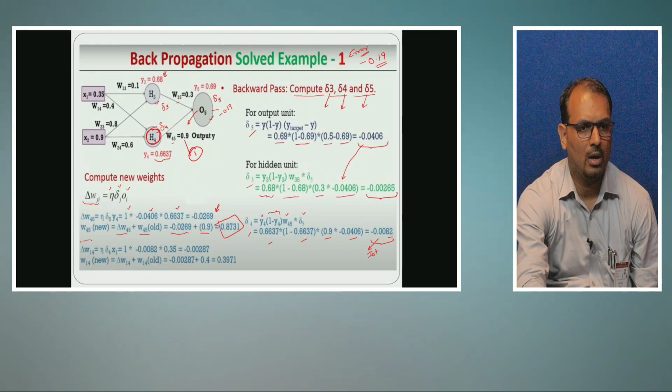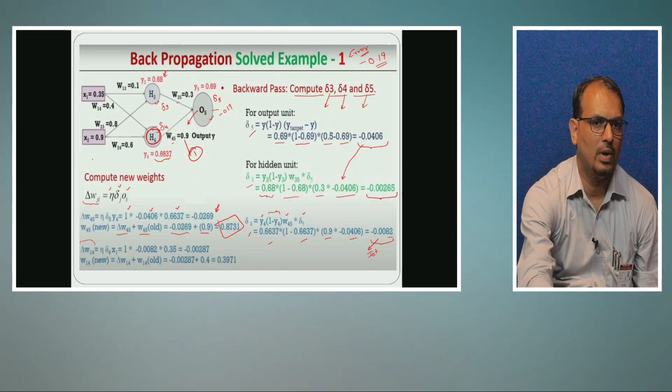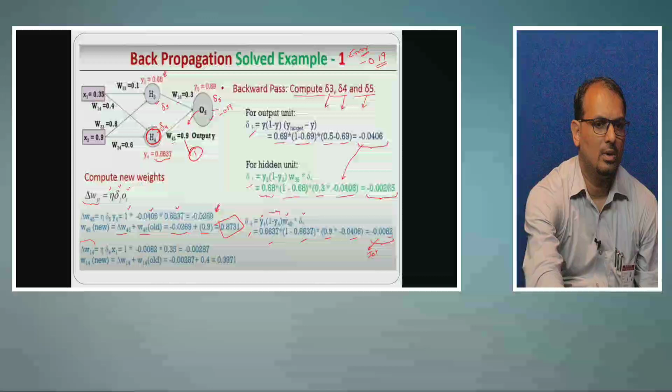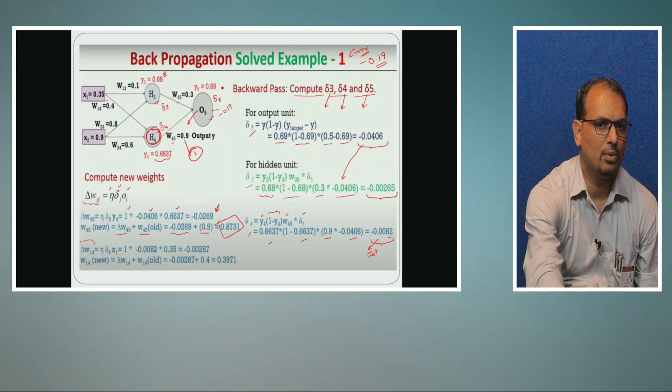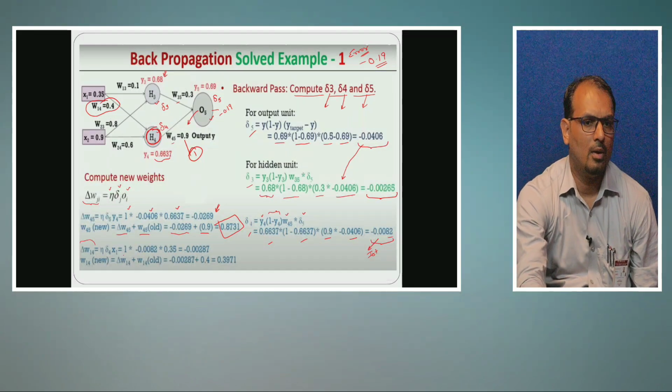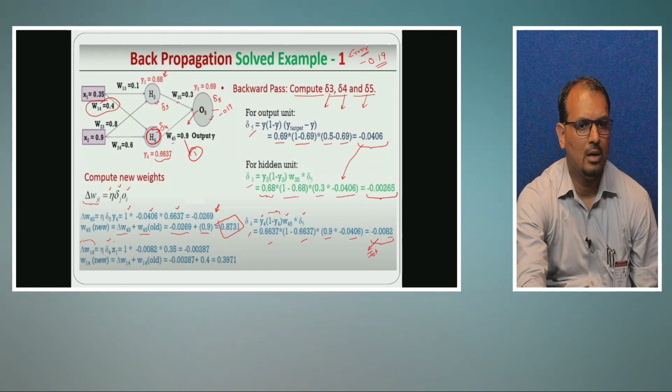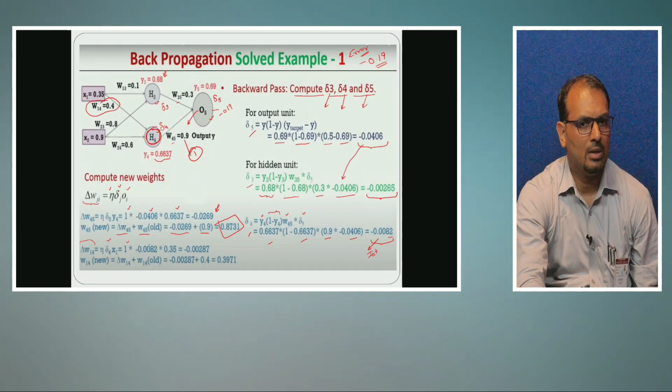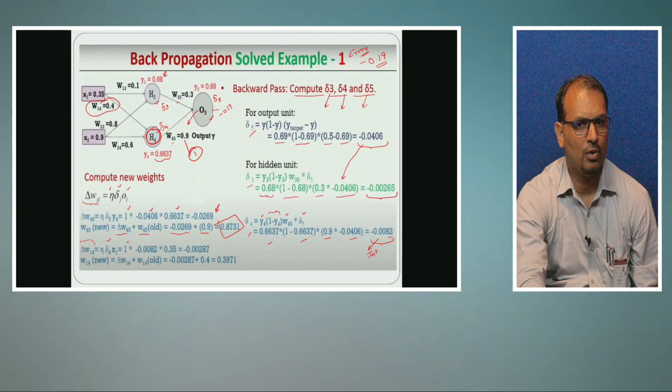Delta omega 14. What is that? This one. Randomly I took this one to check. What is the formula? Learning rate times delta 4 times x1. Right? So learning rate 1, delta 4 we already calculated, 0.0082, into 0.35, which is the x1 value.